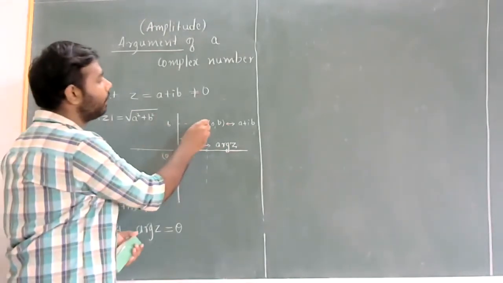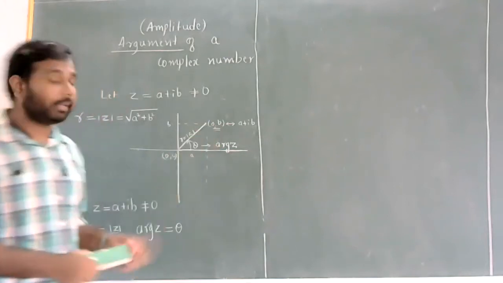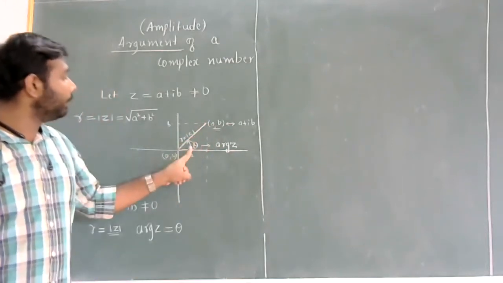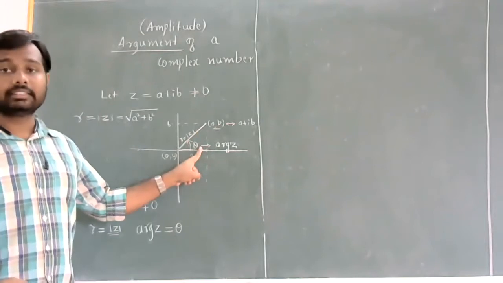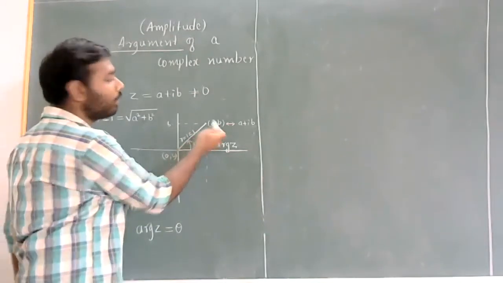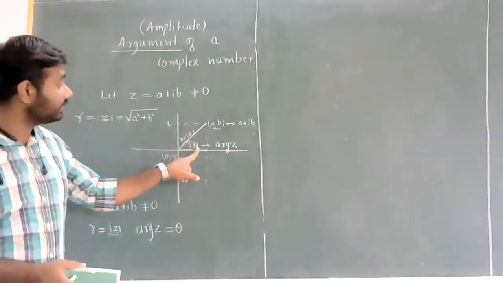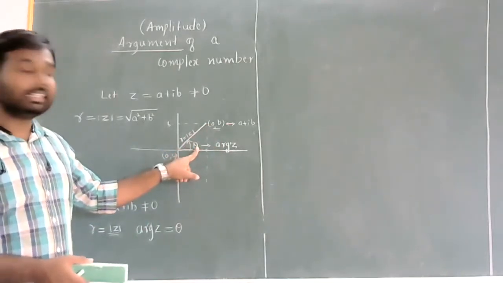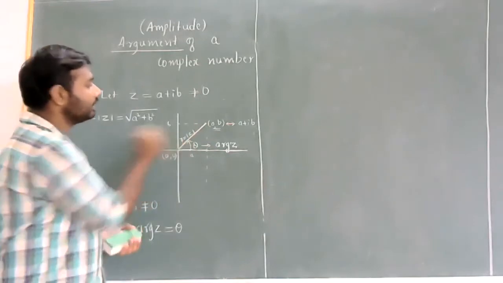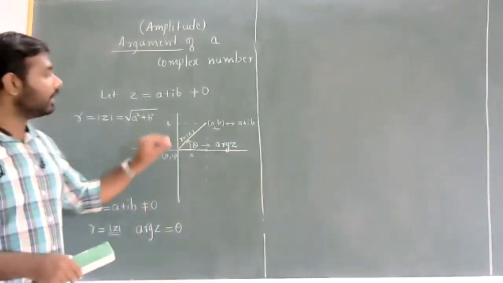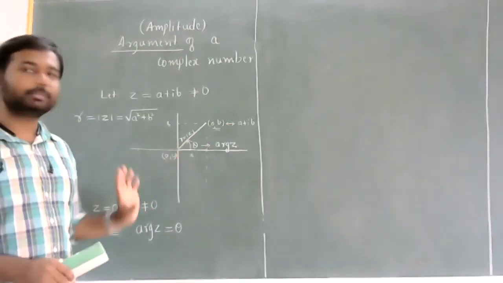The end point of this line will be A plus IB, where that line will be subtended at an angle theta. So where is this point actually? It is the end point of this line, which is subtended at an angle theta. And the length of this line is R. So these are the observations.